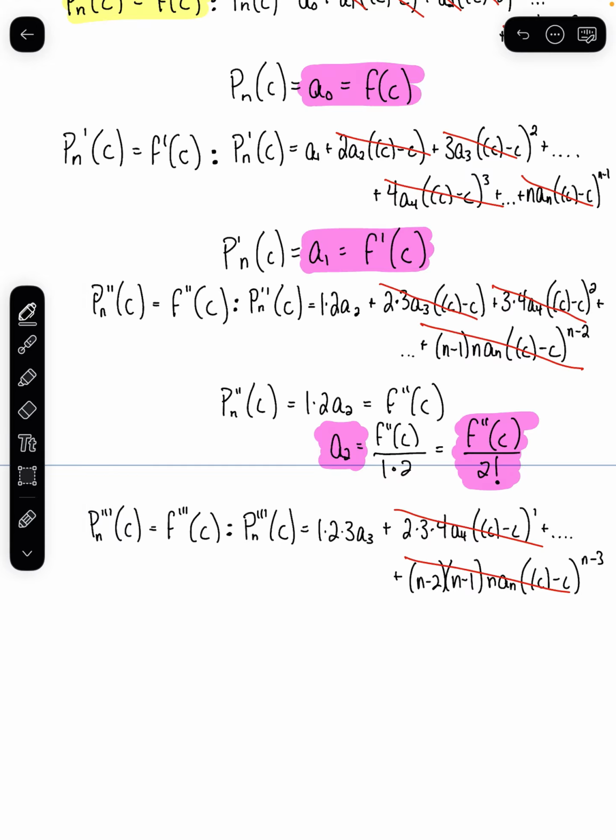So at each step of this, we get that p, in this case, p triple prime is equal to simply the constant term that is left there.